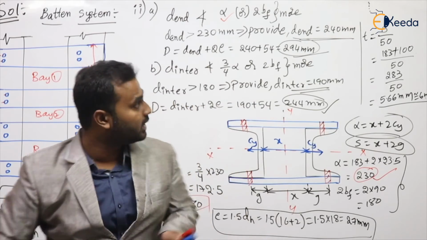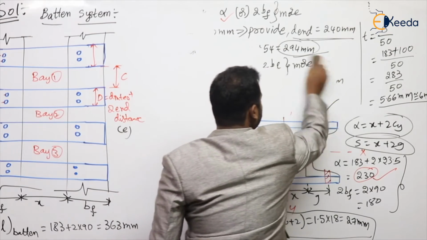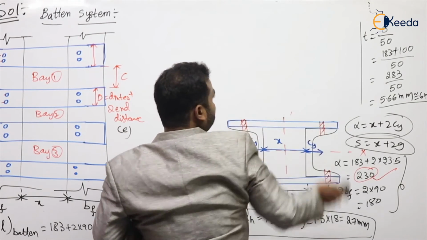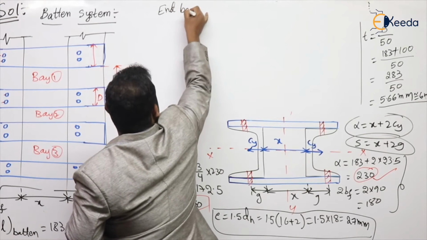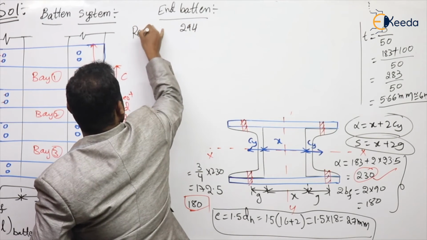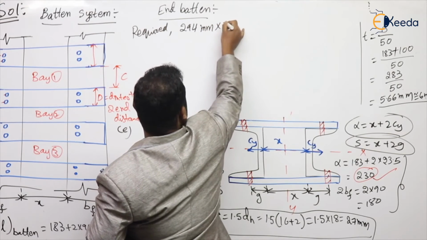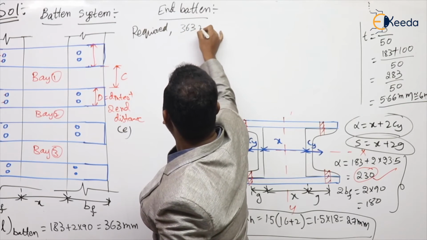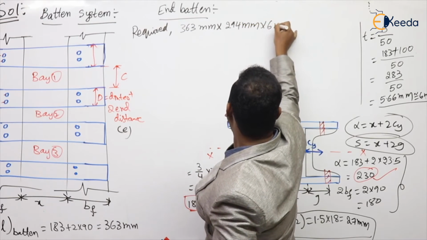Now let me write the values of the dimensions of intermediate and end batten. For end batten, required is 363 mm length into 294 mm into 6 mm.